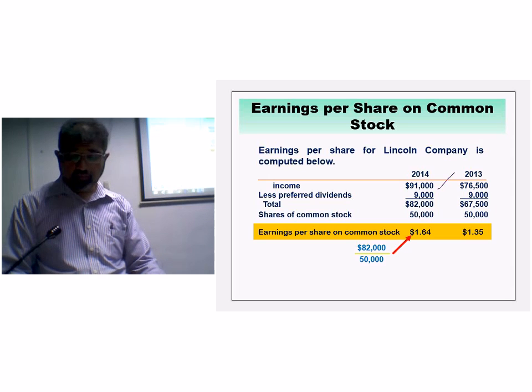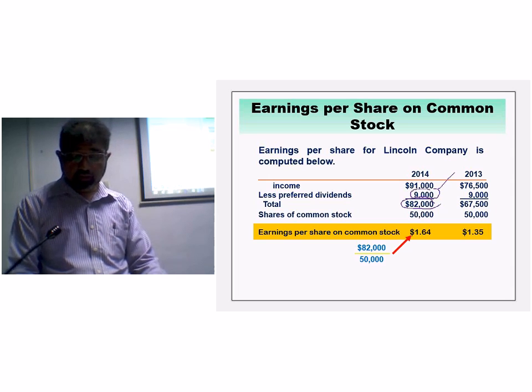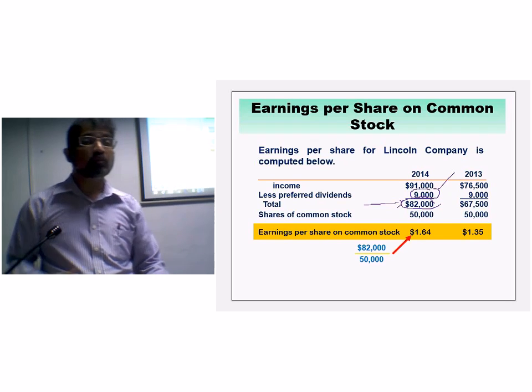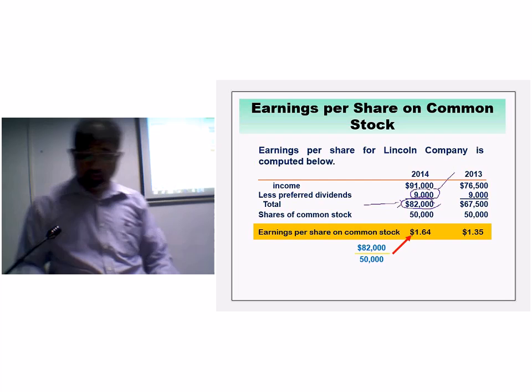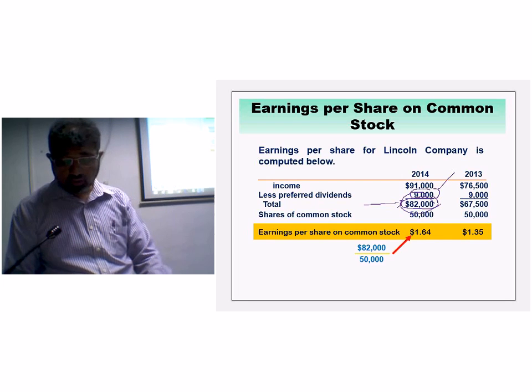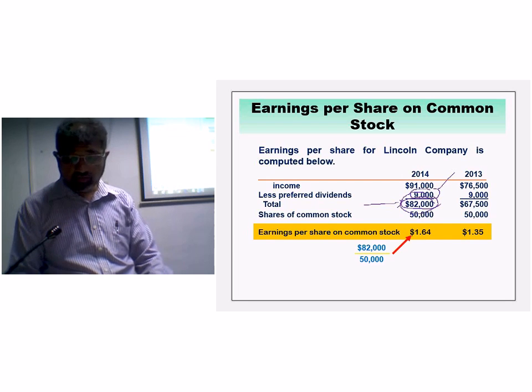Here preferred dividends 9,000. What is the definition behind this? Yes, profit for the equity shareholders. Profit for the equity shareholders is 82,000. Then you divide this by the number of equity shares, common shares 50,000.